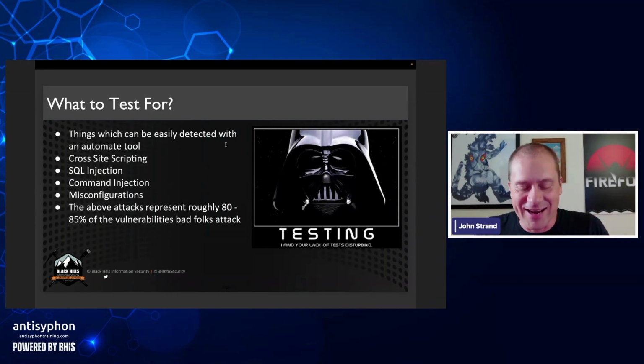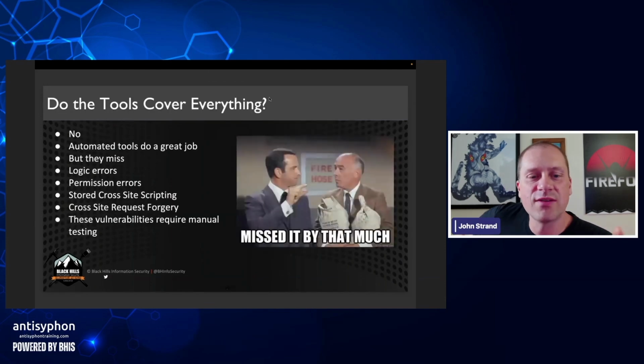So, yes, we can find these vulnerabilities super easily in an environment, and tools can automate this as much as possible. Yes, diagonals count as well. But do these tools cover everything? No, they don't. Some of these tools will miss certain blind spots that exist in organizations. They don't get everything, right?